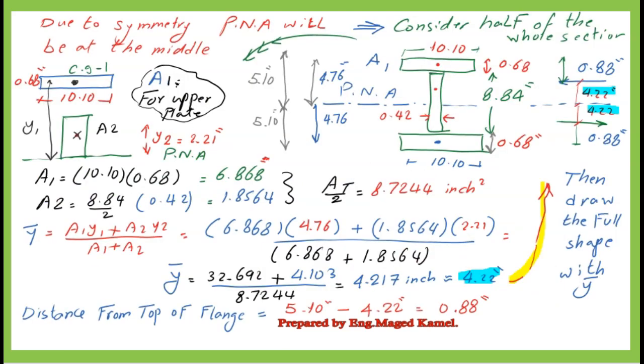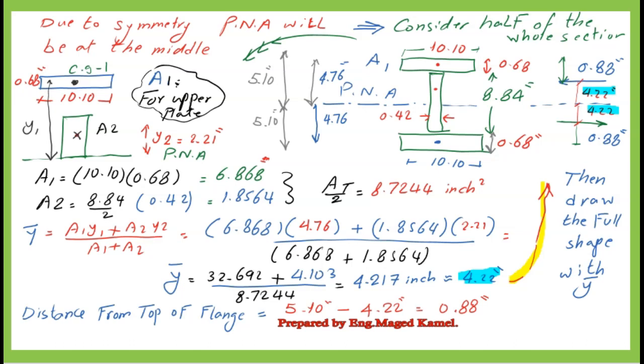In the next slide, due to symmetry, the plastic neutral axis will be located at the mid-height of the given section. We will represent the 3 rectangles as half a section, which contains the upper flange rectangle area and the half of the web. The area of the upper flange is equal to 10.10 by 0.68 equals 6.86 inches square.